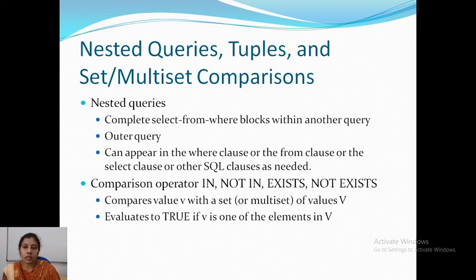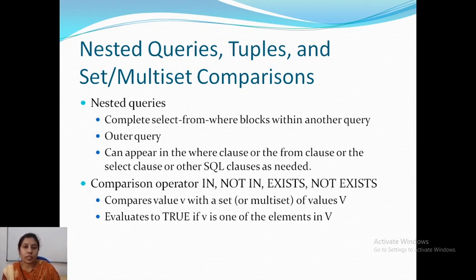Usually we write a nested query whenever we want to find some values that need to be compared with other attribute values. Usually you will write something like Super_SSN is not null or department number equal to 5, where we know the value of that attribute.